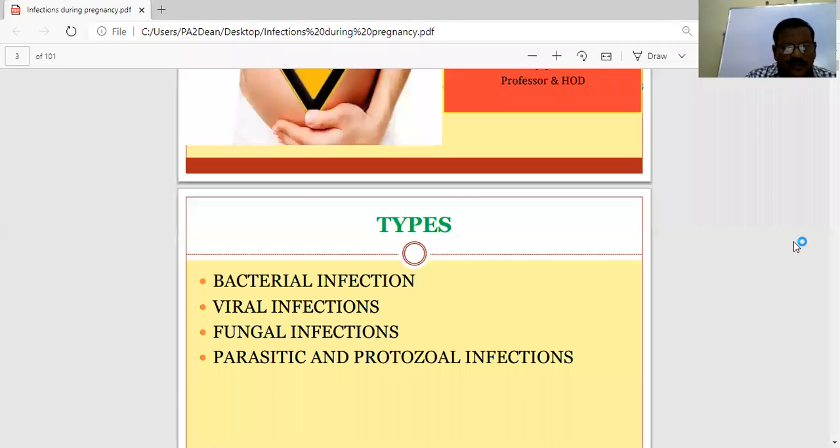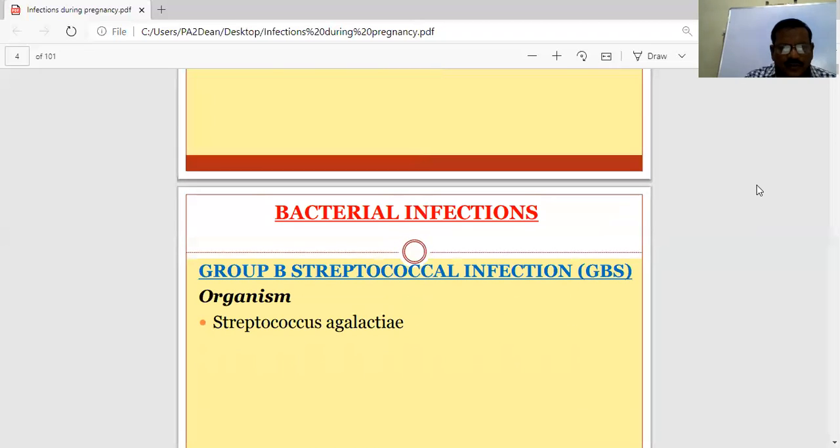Types of infections are bacterial infections, viral infections, fungal infections, parasitic and protozoal infections.